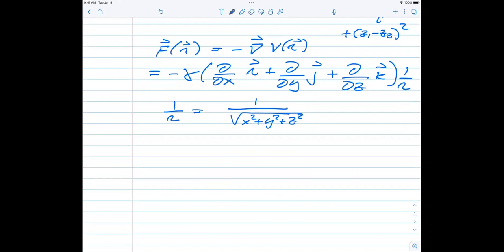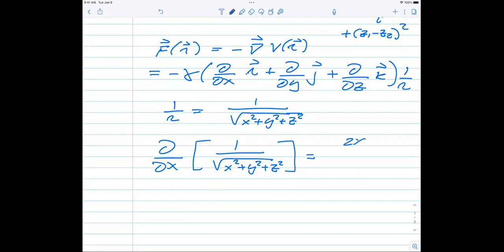So if I take the derivative with respect to x of this quantity, 1 over the square root of x squared plus y squared plus z squared, what we get is 2x, with a factor of 1 half from the square root, divided by x squared plus y squared plus z squared to the power of 3/2.